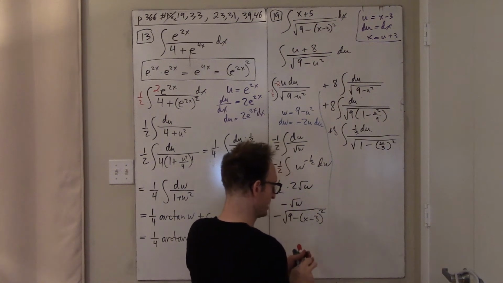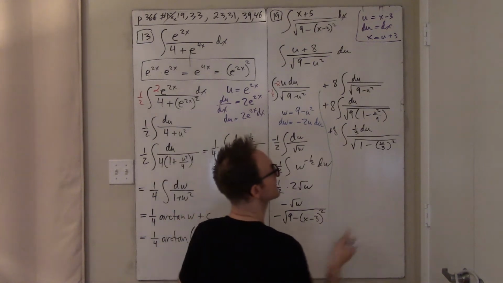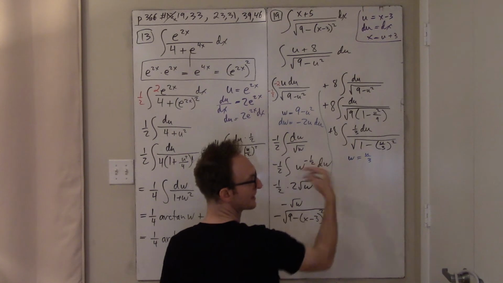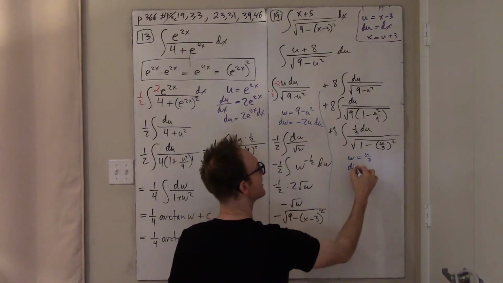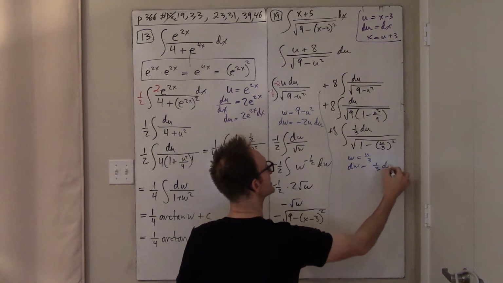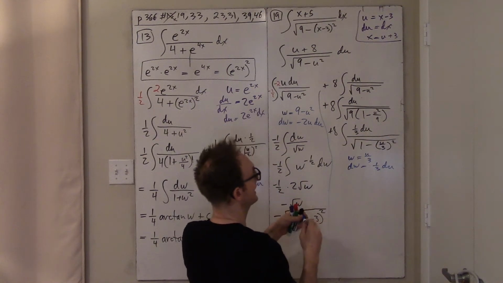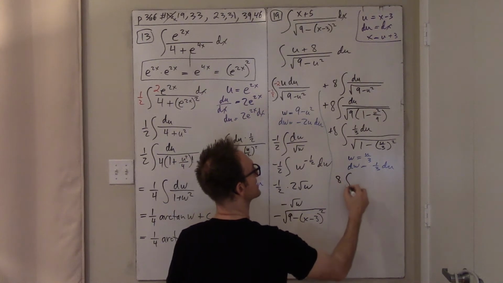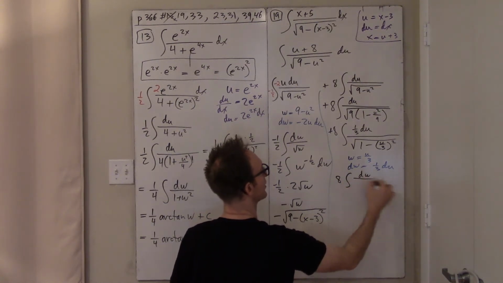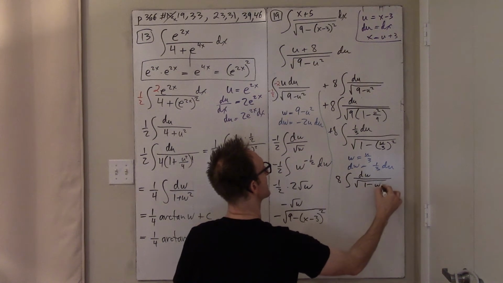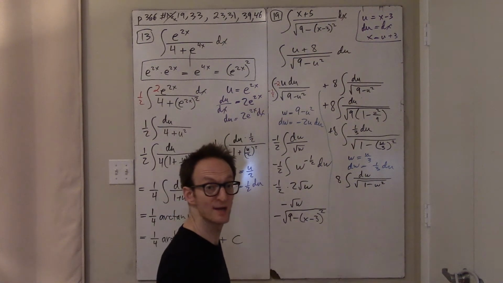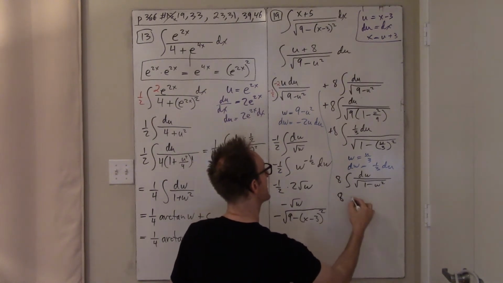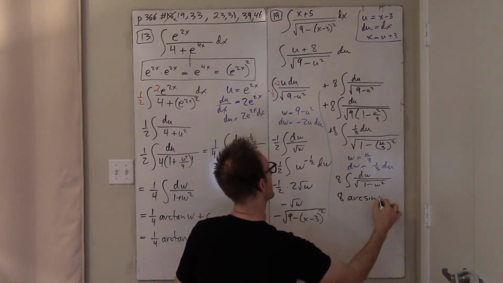And why is that good? That is good because I can let w be u over 3. This is a totally different w, as if these are two totally separate problems. Then dw is, of course, 1/3 du. So everything's working out perfectly. And I end up with 8 antiderivative dw over root 1 minus w squared. So I had to see that kind of coming 5 steps away. What is that as the derivative of arcsine? And so we get 8 arcsine w.